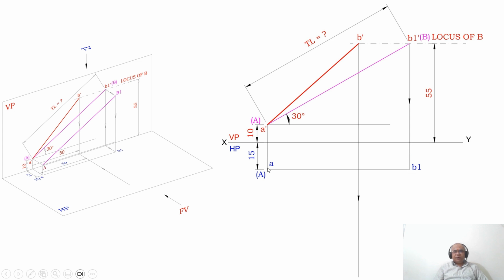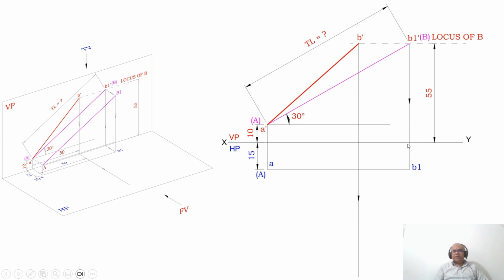Then only the line is going to be parallel to the XY line in the top view. If the line is parallel to the XY line in the top view, then the corresponding front view is going to be in true length. You can see that. For A it is A dash, for B1 it is B1 dash. So this is going to be in true length.